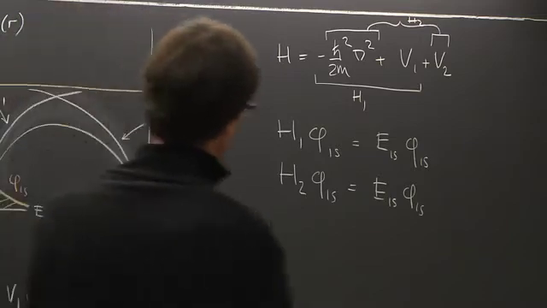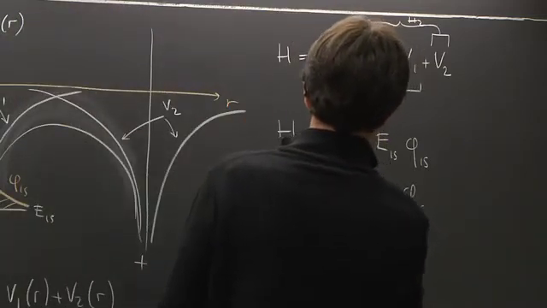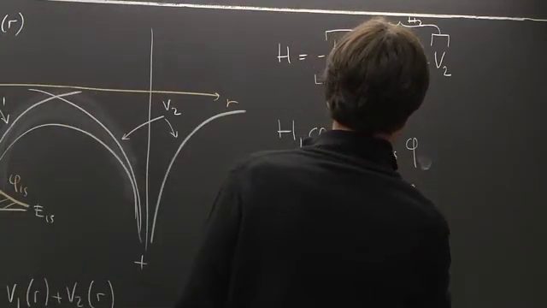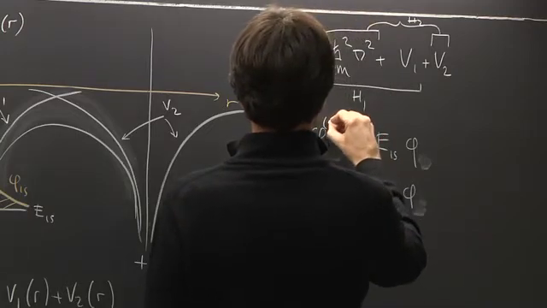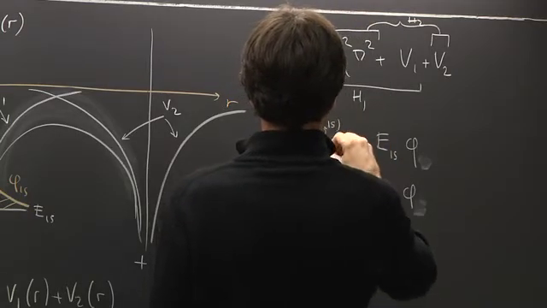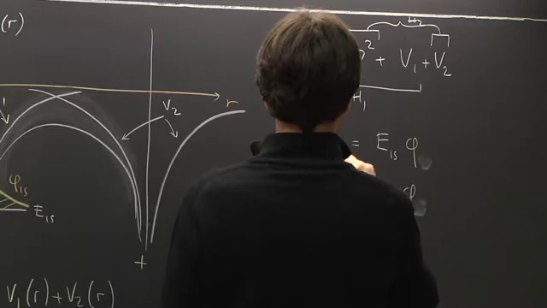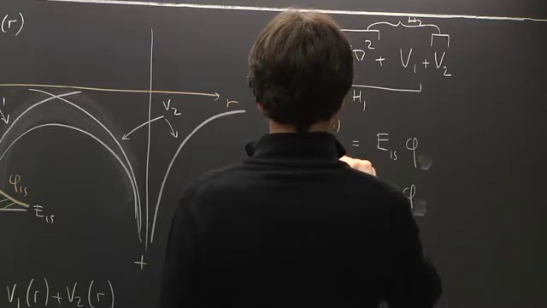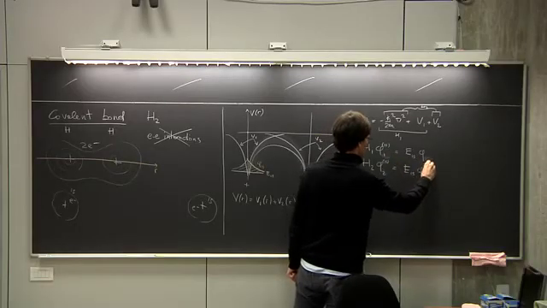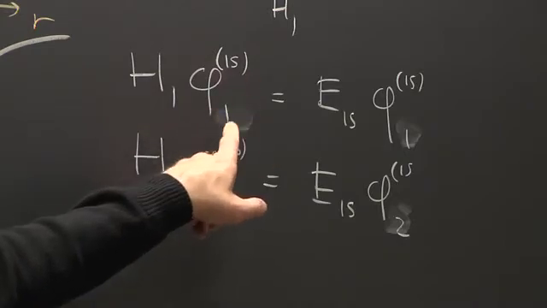Let me put the 1s here and put 1 here. So this is 2. By this, what I mean is this is the 1s state centered at position 1, and this is the 1s state centered at position 2.